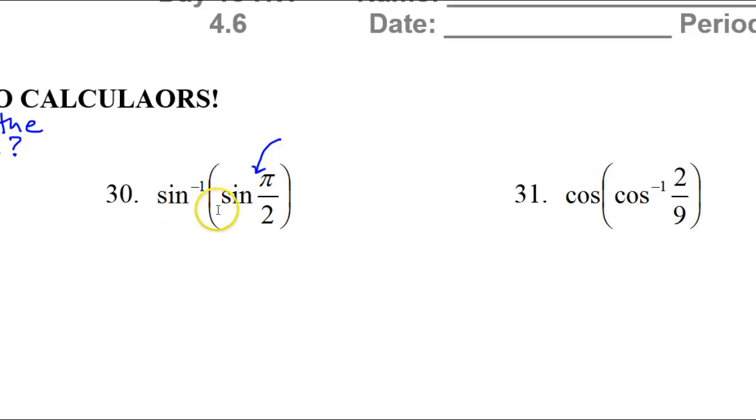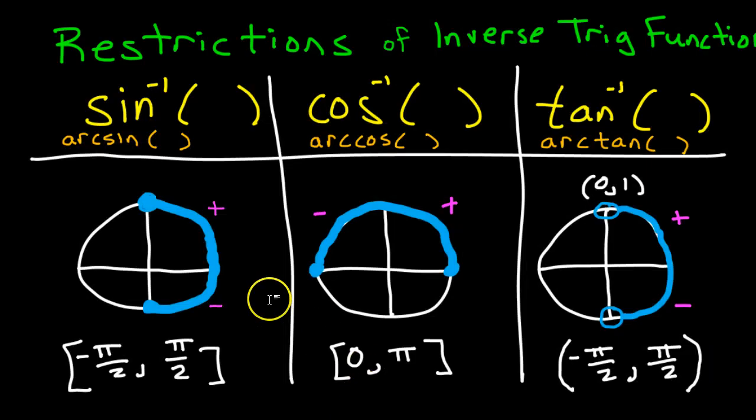So I can still cancel these out. I'm seeing pi over 2. Pi over 2 is in the first quadrant, so it is certainly within the restriction.